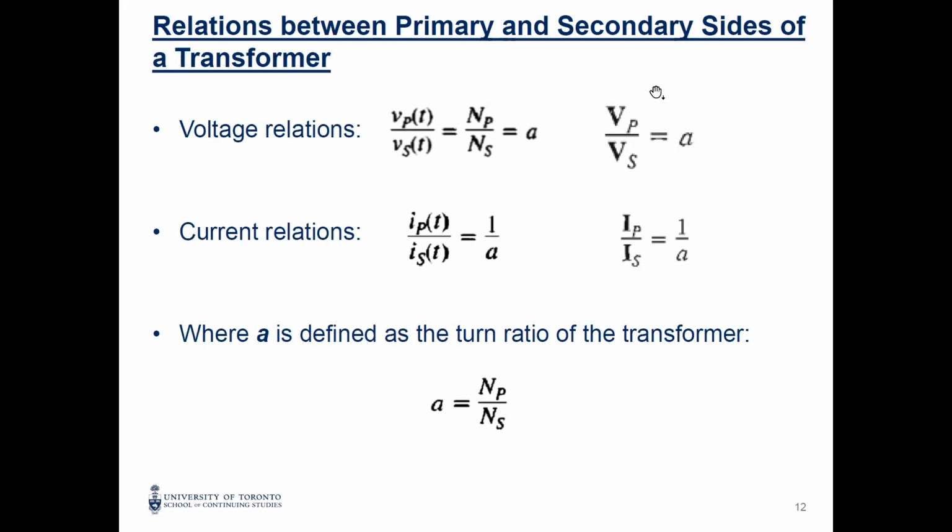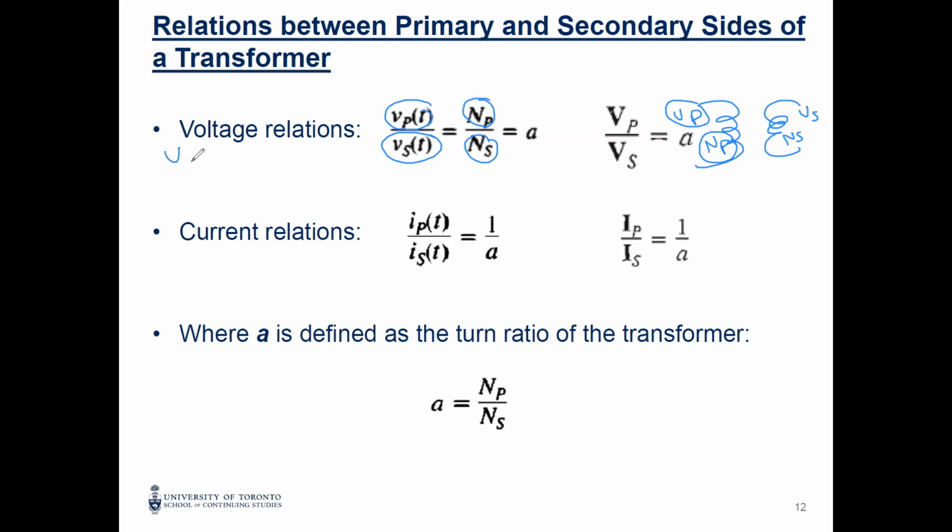So the main equations that we are going to use for the primary and secondary. First one is the voltage. We have NP, NS, VP, and VS. As you increase the number of turns, of course, you will increase the voltage related to it. So it's proportional with the NP and the voltage in the primary, similar for the secondary.